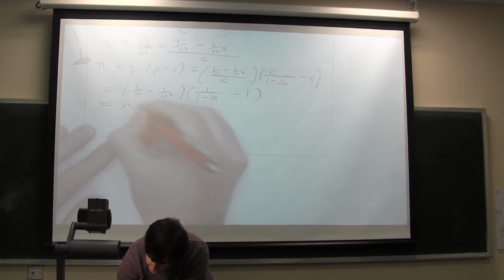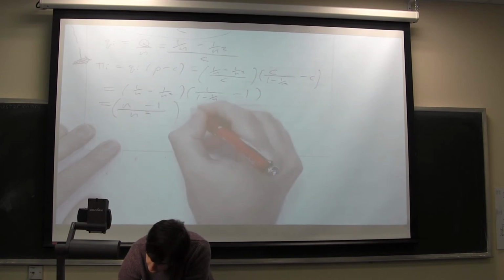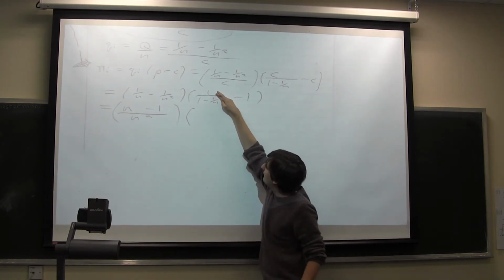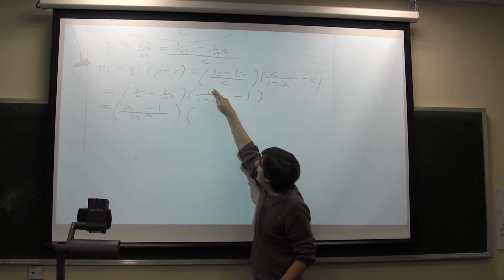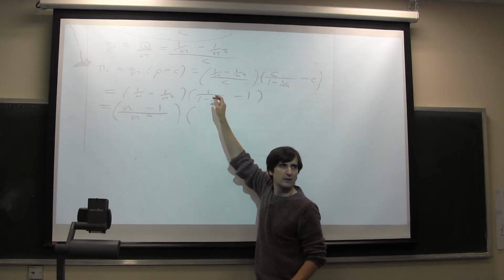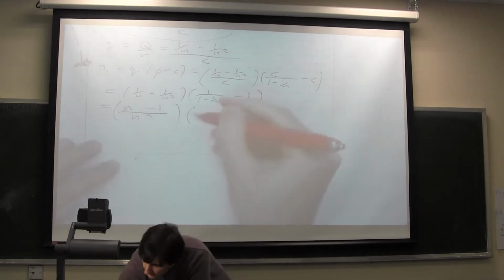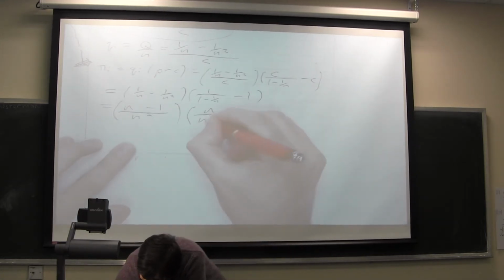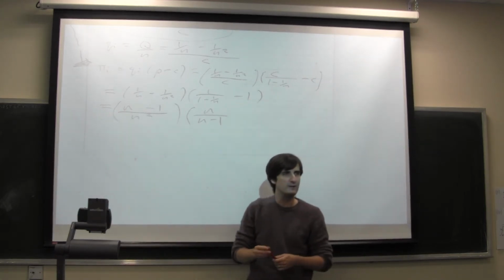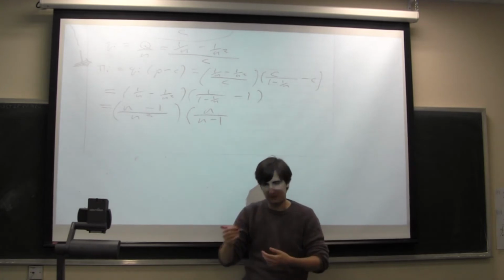So this is n minus 1 over n squared, the first one. And this one, if you multiply top and bottom of this fraction by n, you get n times n divided by n minus 1. So this is n divided by n minus 1. But then we've got the minus 1 bit. Minus 1 is like minus (n minus 1).